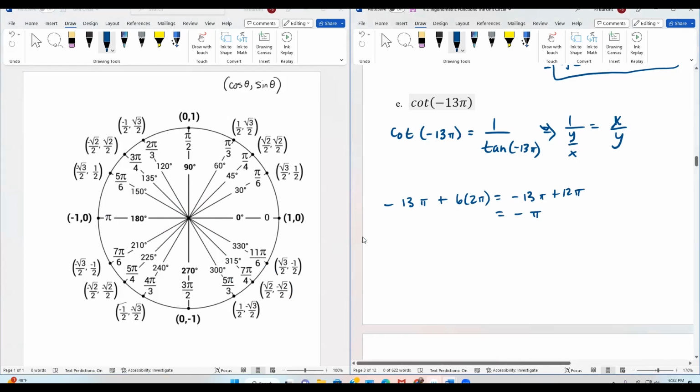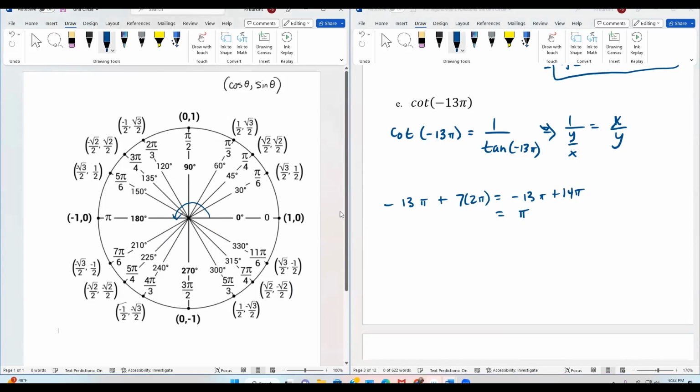I would like to get positive pi. I could still do that; if this is positive pi, then this is negative pi. But let's go ahead and get a positive one. So instead of 6, let's do 7. That gives us 14 pi, and that'll give us a positive pi, which still gets us right here.